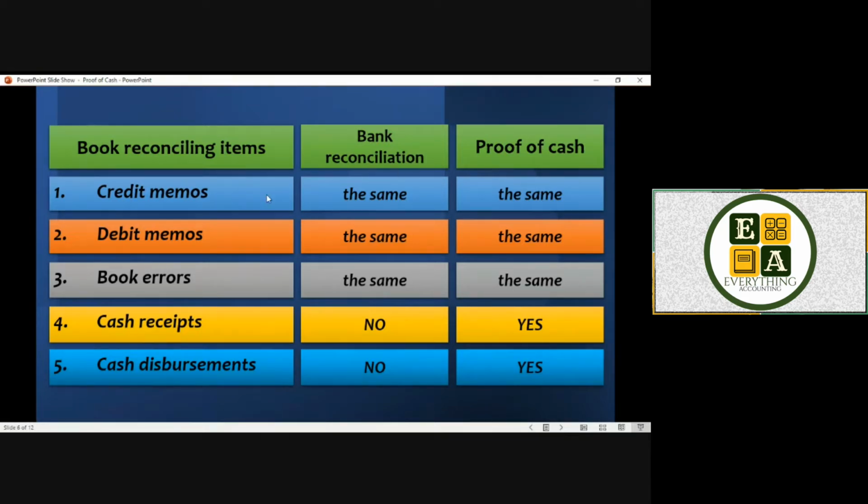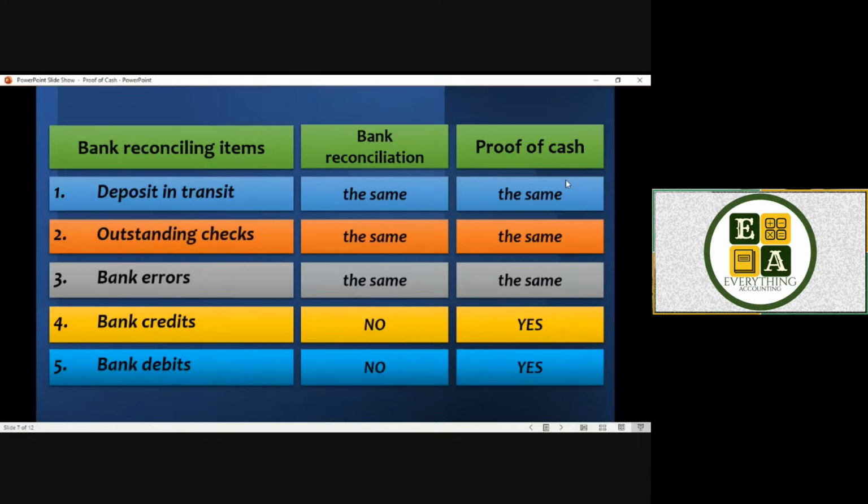Whatever we learned in bank reconciliation for the reconciling items of the book is the same with proof of cash. The only difference is the cash receipts and cash disbursements, which are not in the bank reconciliation, because we extend the reconciliation of cash receipts and cash disbursements up to proof of cash.